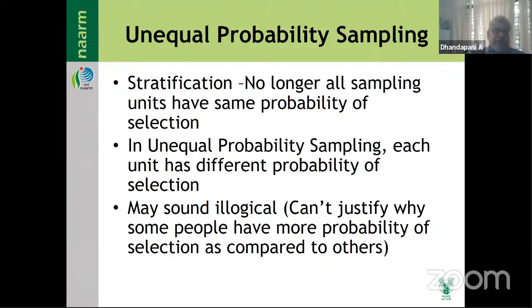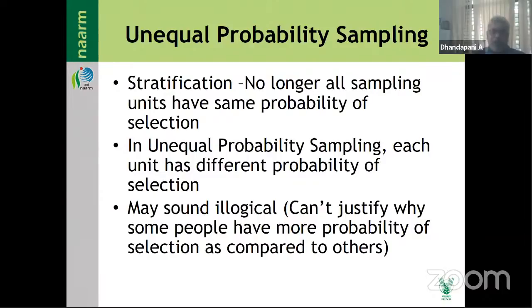the three different selection procedures which I told you, whether it is simple random sampling, systematic sampling, or cluster sampling, in all of these the probability of selecting a particular unit remains the same, in the sense that every unit in your population has equal probability.